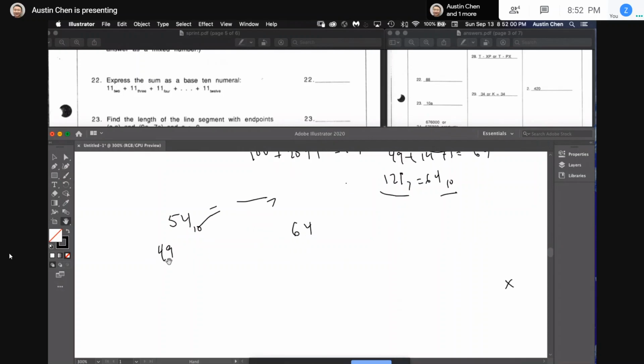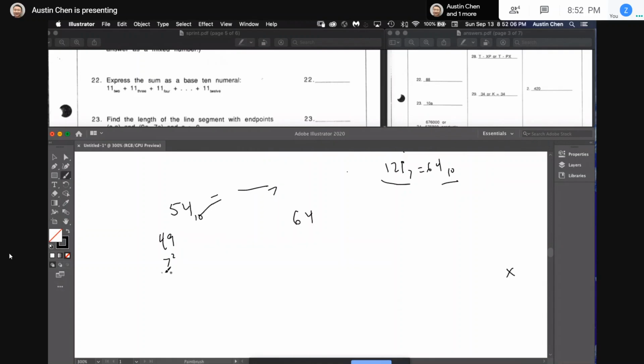So 1 power of 7 squared can go into here. That means on our 7 squared place value we're going to have a digit of 1, because 49 goes into 54. We subtract it and get a remainder of 5.